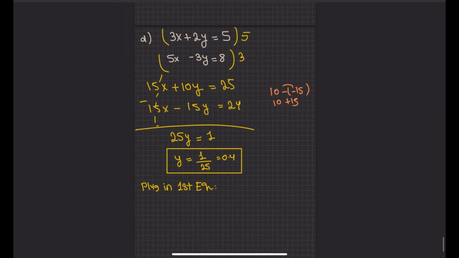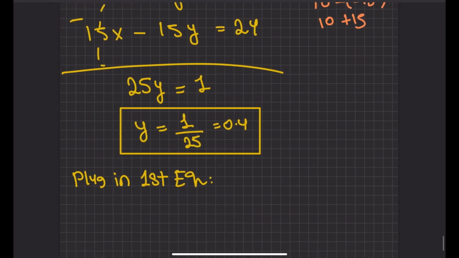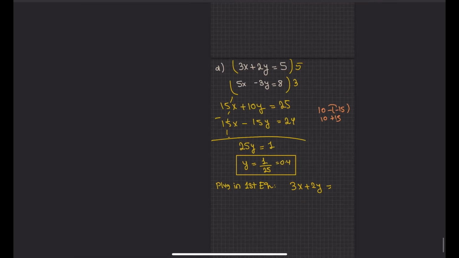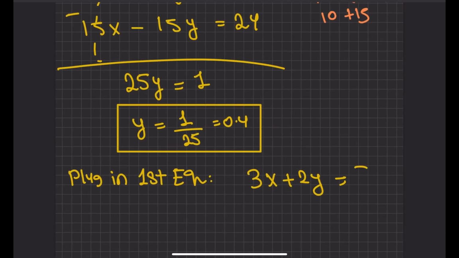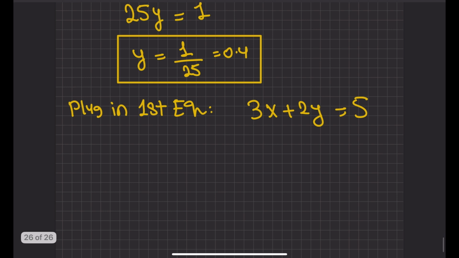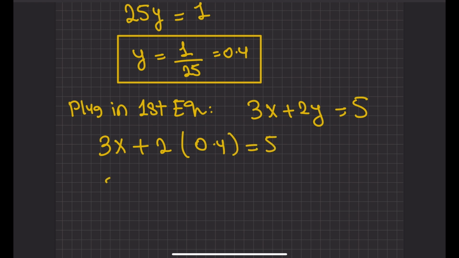So first I have to write down the original: 3x plus 2y equals 5. I'm looking for x, so I'm going to write down 3x plus 2, and instead of y, I'm going to write 0.4, equals 5. It's going to be 3x plus 0.8 equals 5.